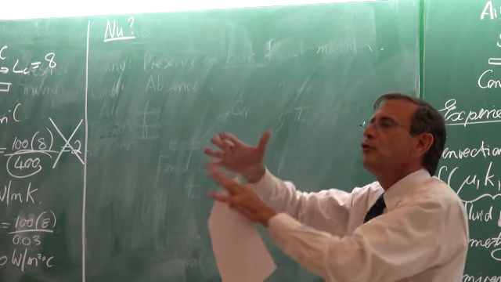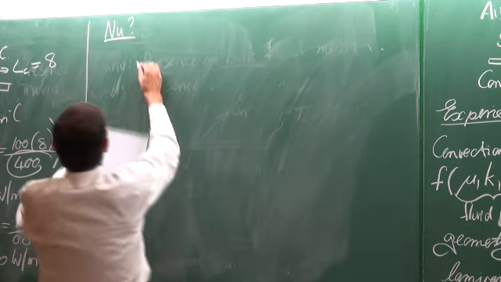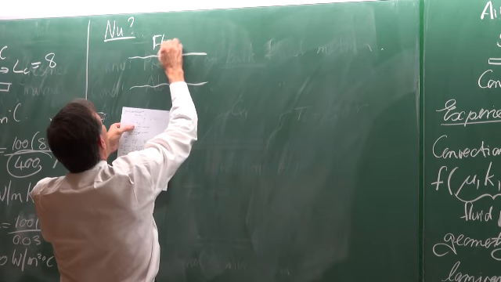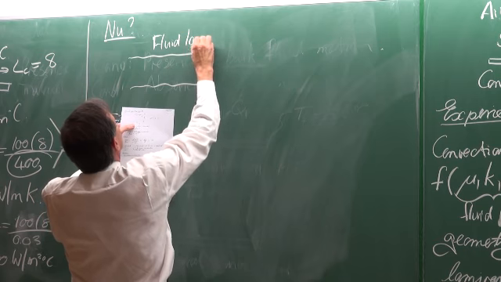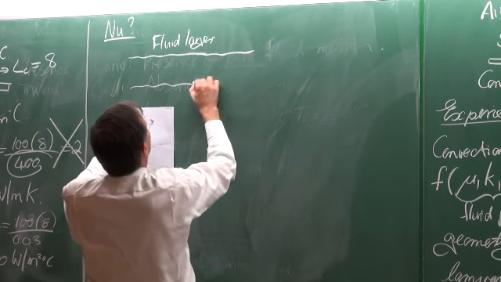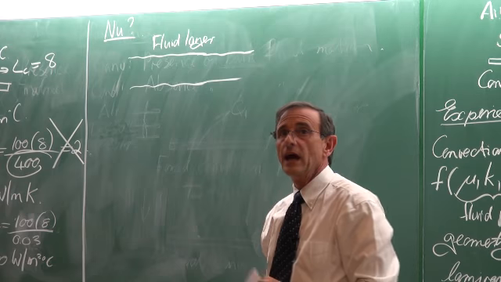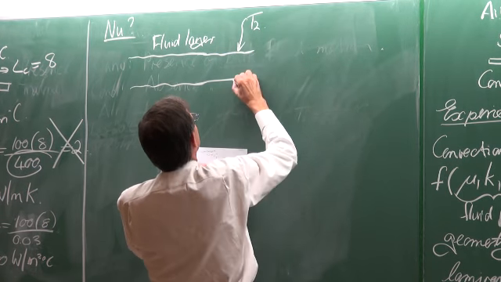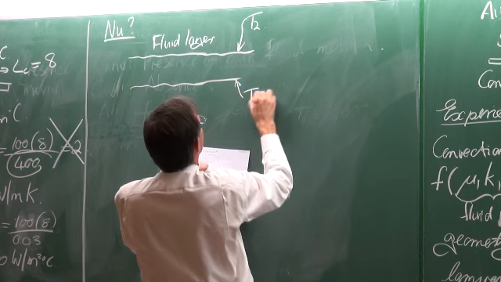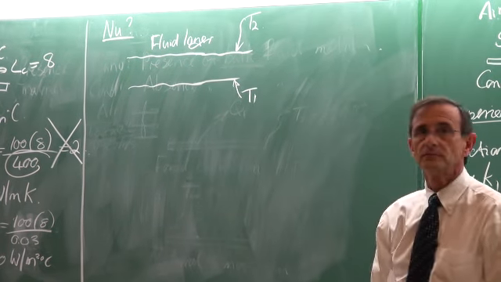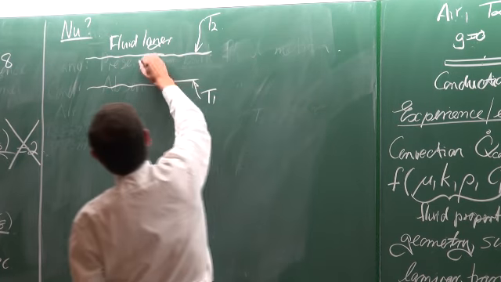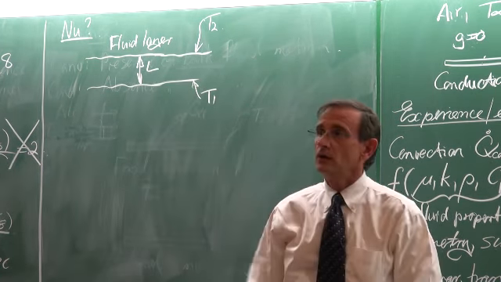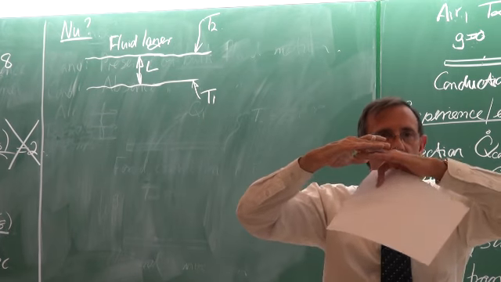We take some fluid, typically a fluid layer. Let's consider the temperature there as T2 and that one T1. And the distance between the two fluid layers is L. Now the two fluid layers can be very, very close to each other.